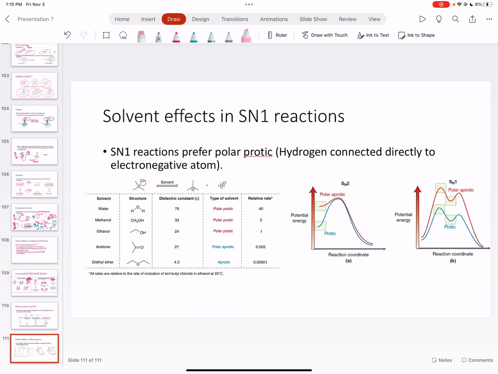While you can see that SN1 reactions prefer polar protic. Polar protic is the one that has a hydrogen connected to the most electronegative atom. And you can see the rate, this one versus this one, and you can totally see that they do prefer polar protic over polar aprotic.